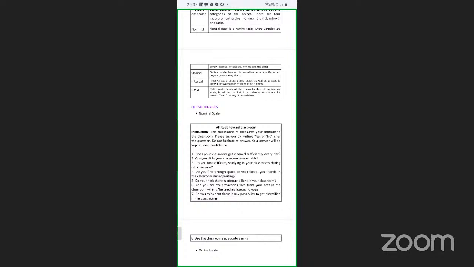Suppose you want to collect the data from 30 students. First, they will read the instruction. You have to check whether the students are able to understand the instruction properly or not.